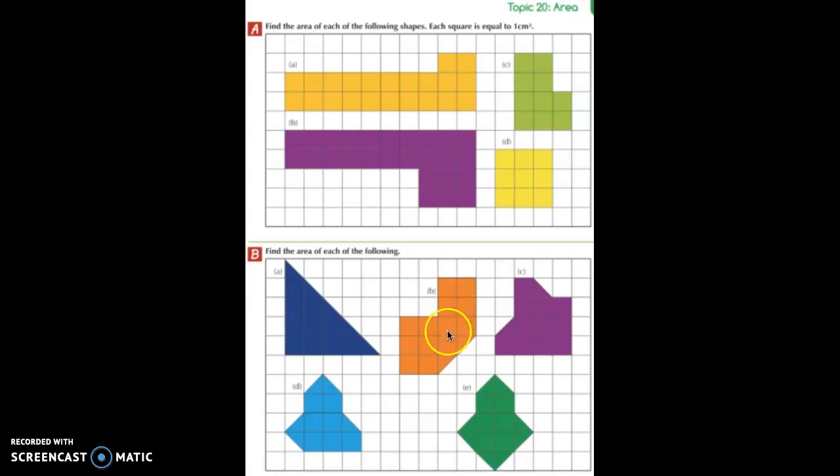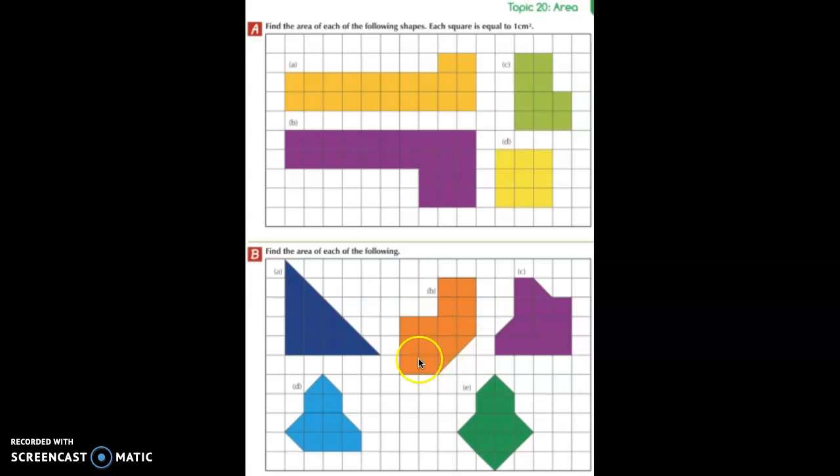But let's not forget, we have half a square shaded here, and we have half a square shaded here. So if we add a half and a half together, we get 1 centimeter squared. The area of this half and this half together would be 1 centimeter squared.